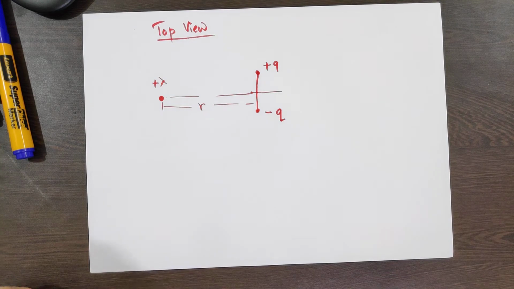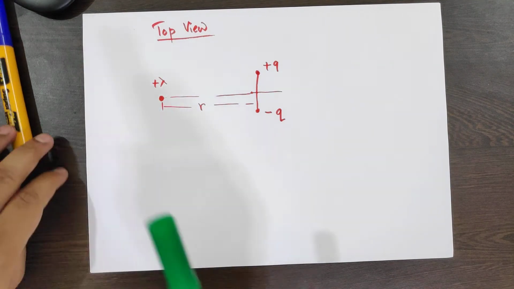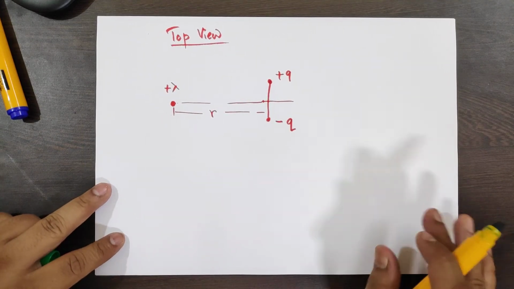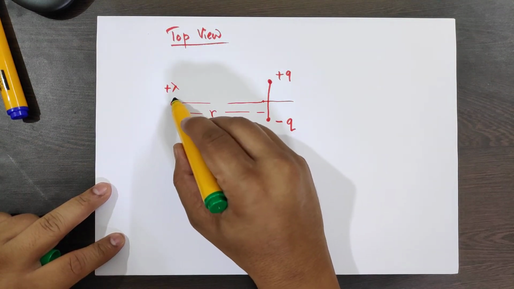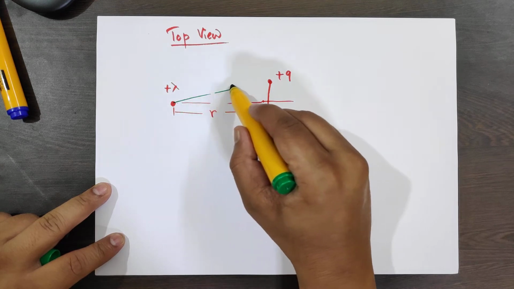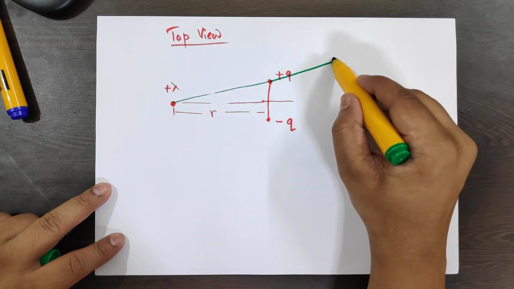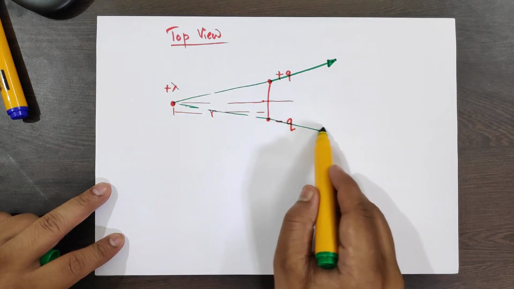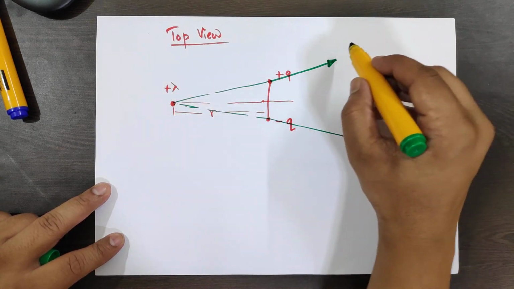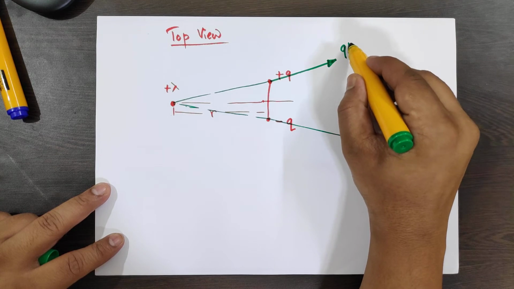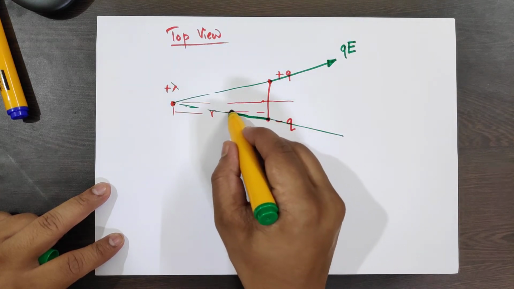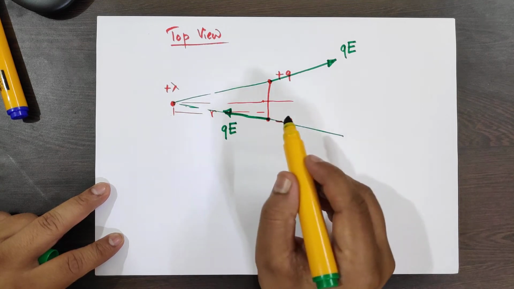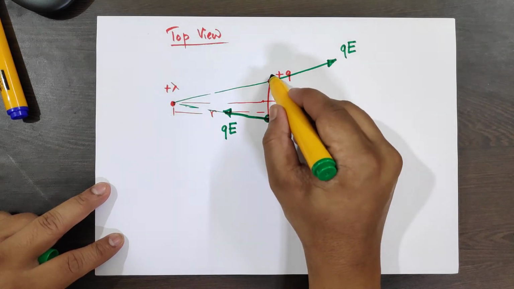Now here you have to find the force between the dipole and the line charge, and obviously the field lines are radial. So at this point this is the field, and at this point also this is a field. The force here is q into E, and here the force is q into E because of the negative charge.